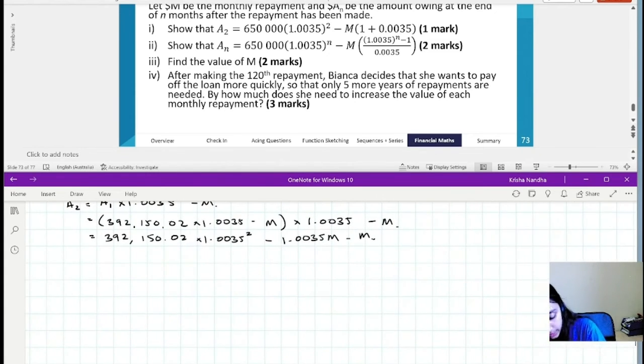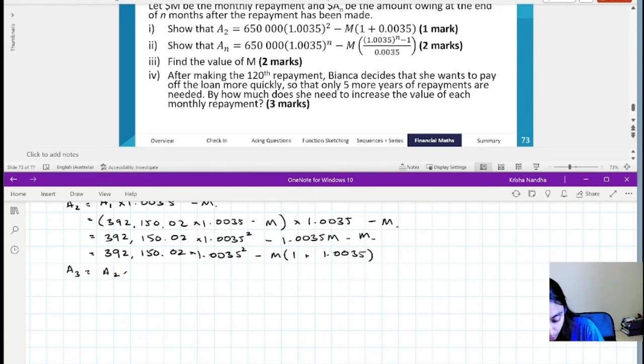I'm going to do the same thing that was done before, and put the m out the front in brackets to make things a bit nicer for me in the future: minus m times (1 plus 1.0035).